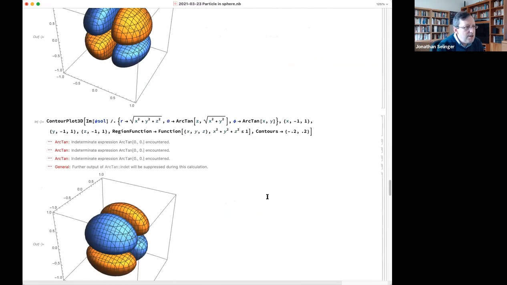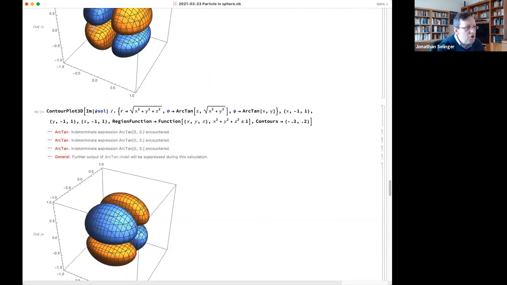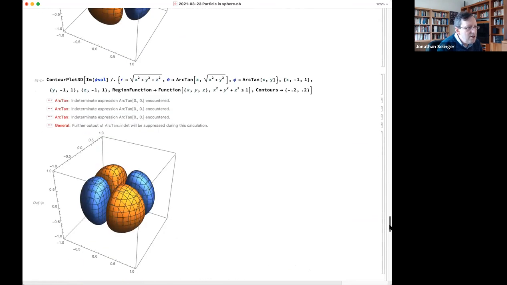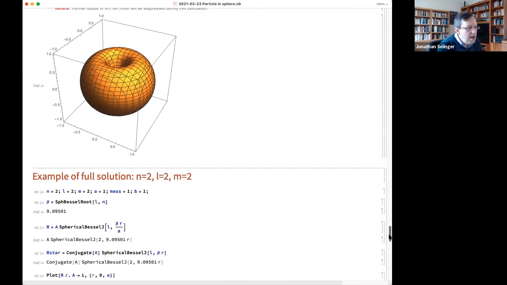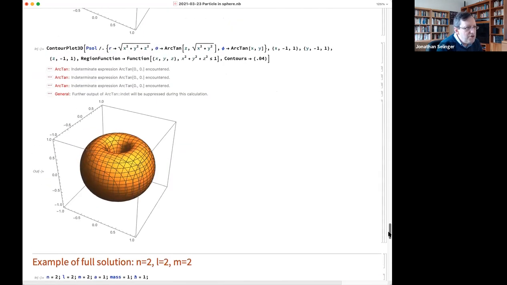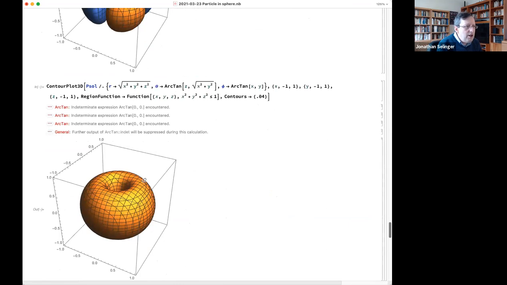Here's an example where you have the lobes arranged differently. I'm running out of time, so I'll skip ahead to L equals 2, M equals 2, and N equals 1.